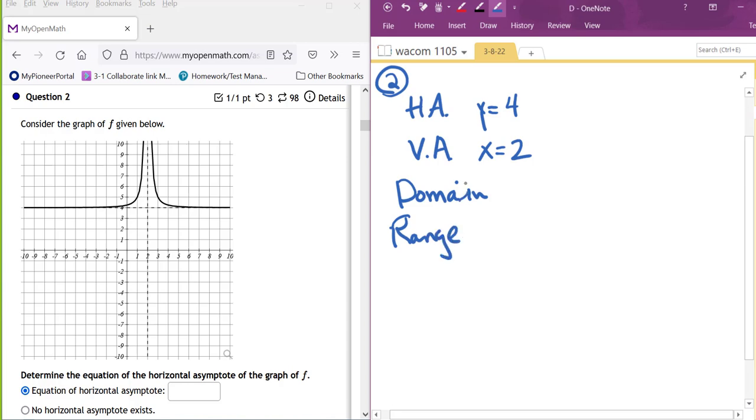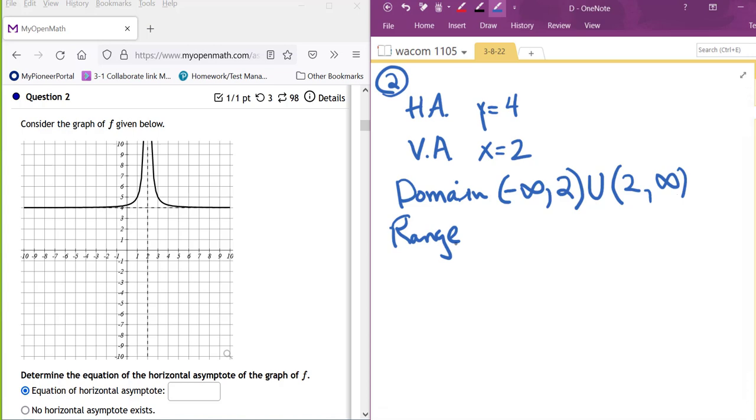So your domain here, it's going from negative infinity up to this asymptote, but it's not going to touch, which is 2. Use parentheses, and then do union, start up again at 2. That's the other piece of the picture, and it will go to infinity. For range, the lowest point on these pictures is a 4.